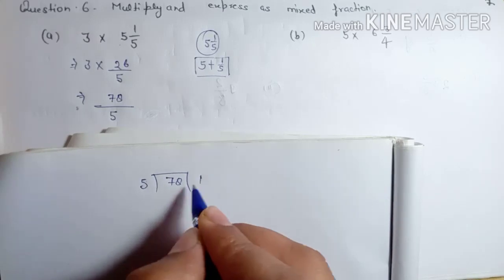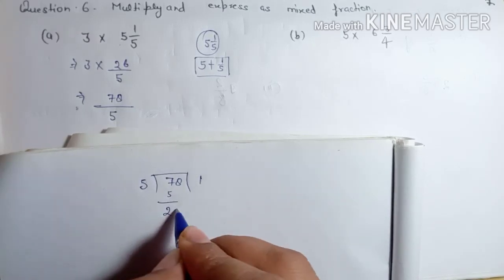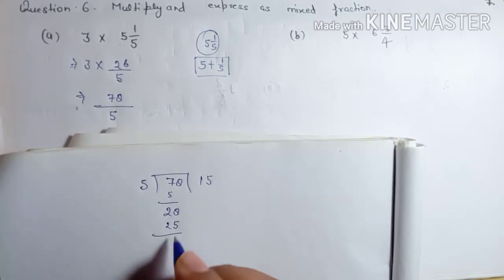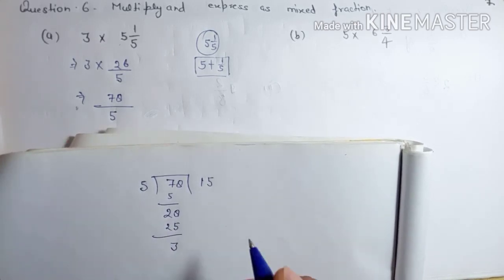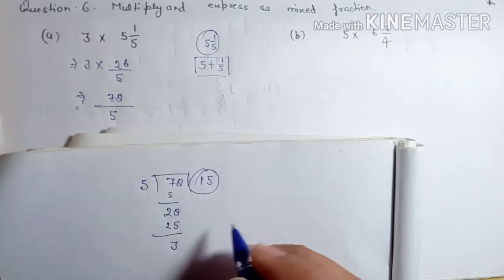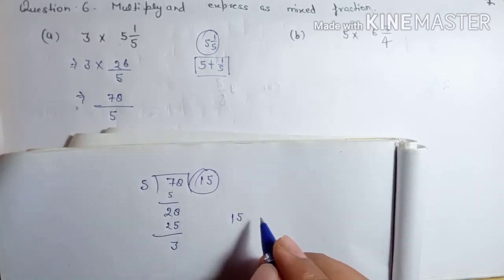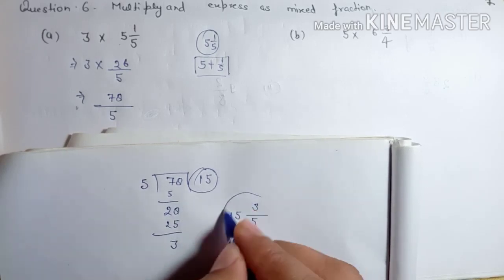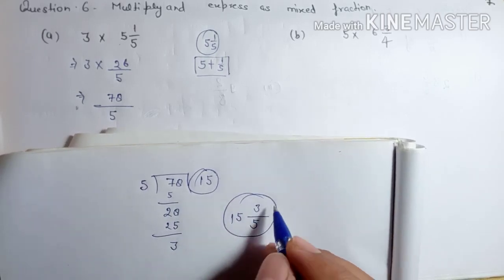So 5 1s are 5, it is 2, and 5 5s are 25. Now it is here 3. So first we write the quotient. So 15 whole, then this remainder 3 and the divisor. So this is 15 whole 3 upon 5.